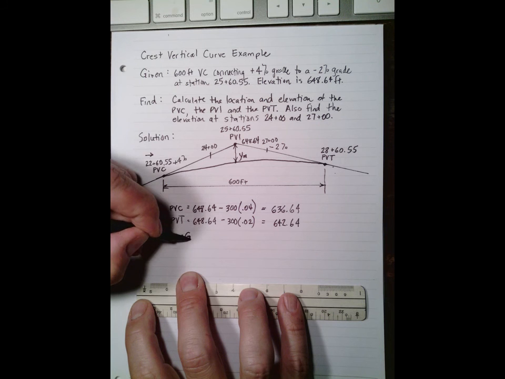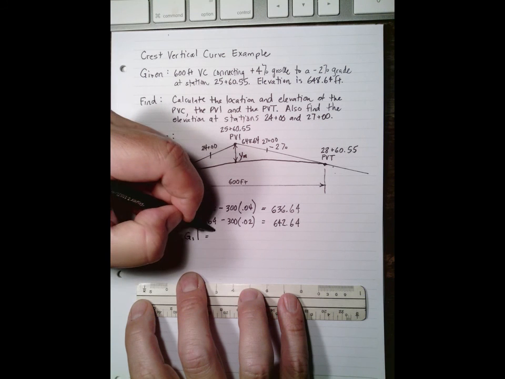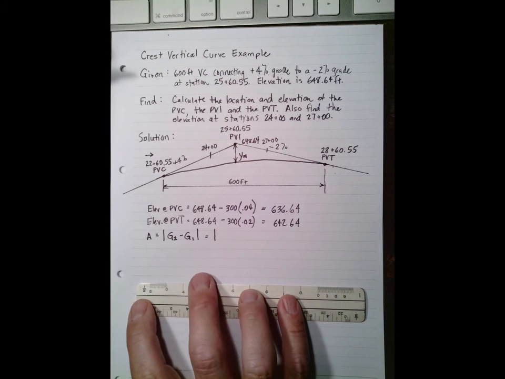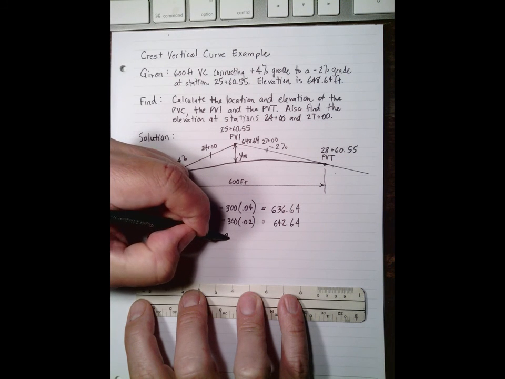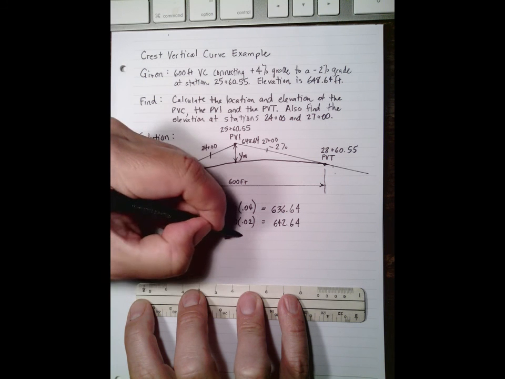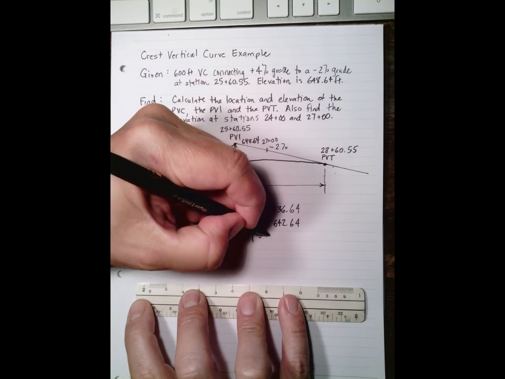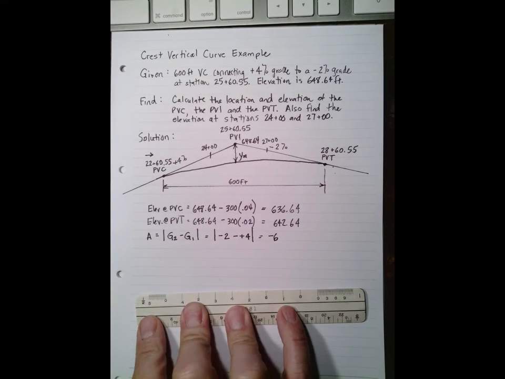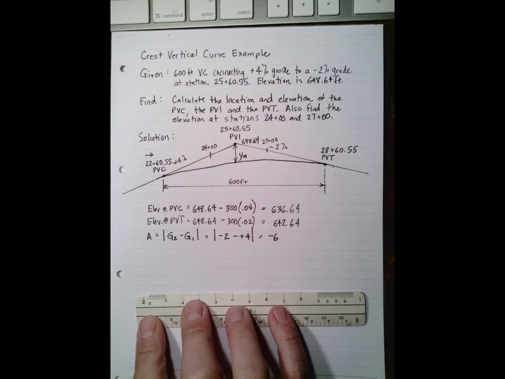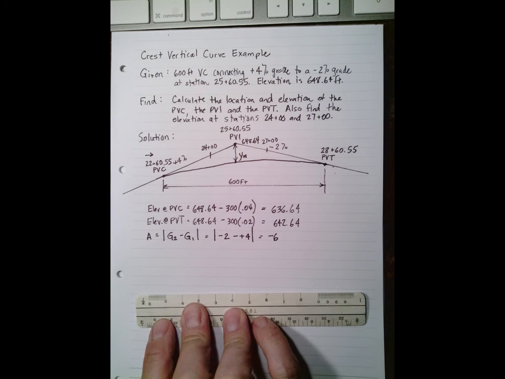So it's the absolute value of G2 minus G1. And if you remember, these absolute value calculations are done in whole percentages. So G2 in this case is minus 2, and then G1 is plus 4. So this value of A is minus 6 for this problem. So we can calculate the value of y sub m.